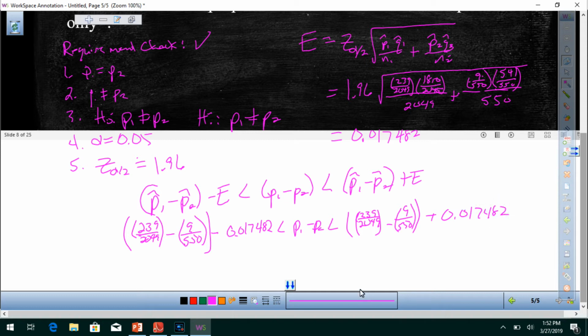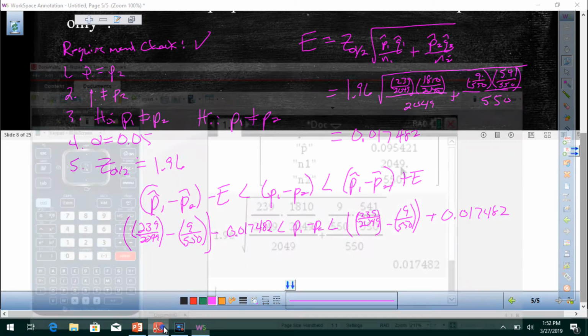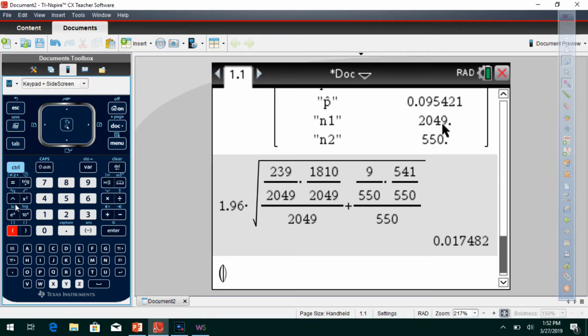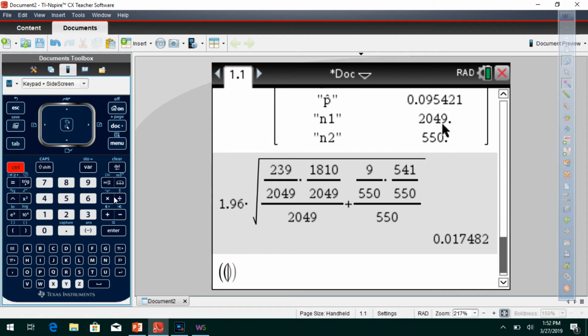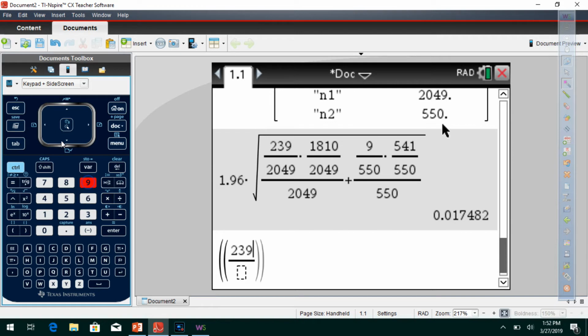Plus 0.017482. All right, so let's go to our calculator, and we got open parentheses, and then open parentheses, control divide, 239 over 2049 minus, control divide, 9 over 550, minus, and I'm just going to go up here and grab this.